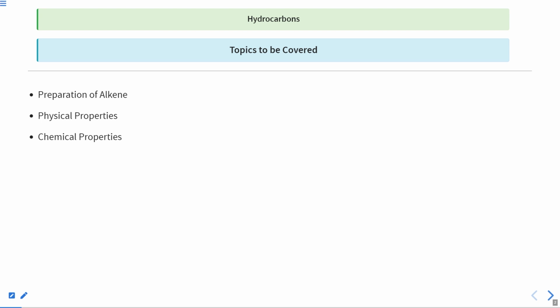And believe me, physical properties are much easier to explain in comparison to the chemical reactions or preparation, because it is very difficult to sometimes predict the product. Even if you have learned the whole of the reactions, sometimes it becomes difficult. But physical properties cannot vary much.